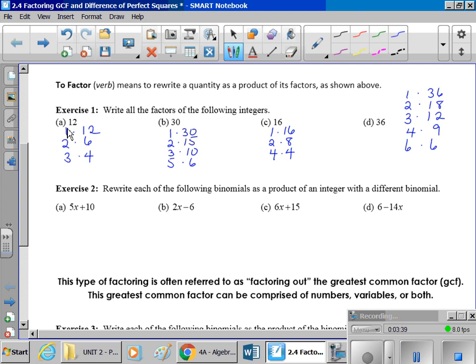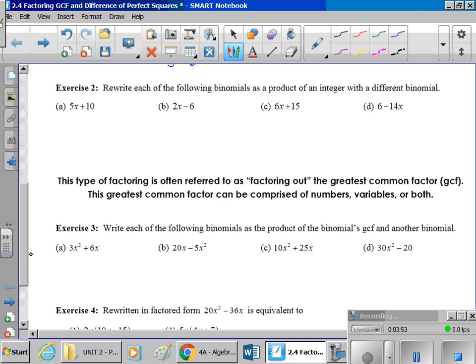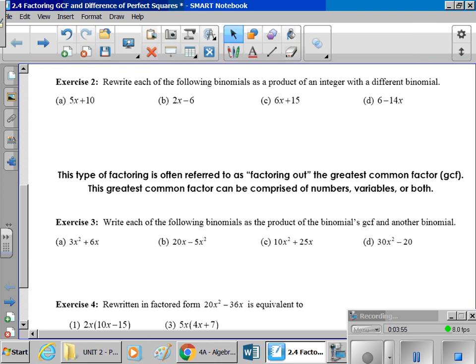So exercise 2 says rewrite each of the following binomials as a product of an integer with a different binomial. So we're just doing the distributive property backwards. So 5x plus 10, we're going to look to see what we can pull out of that, what's in common to each one of those terms.